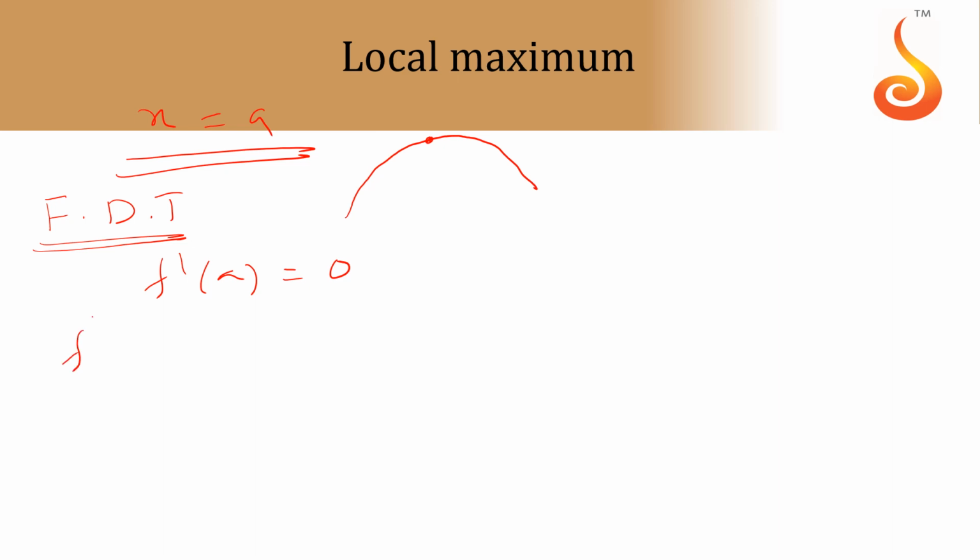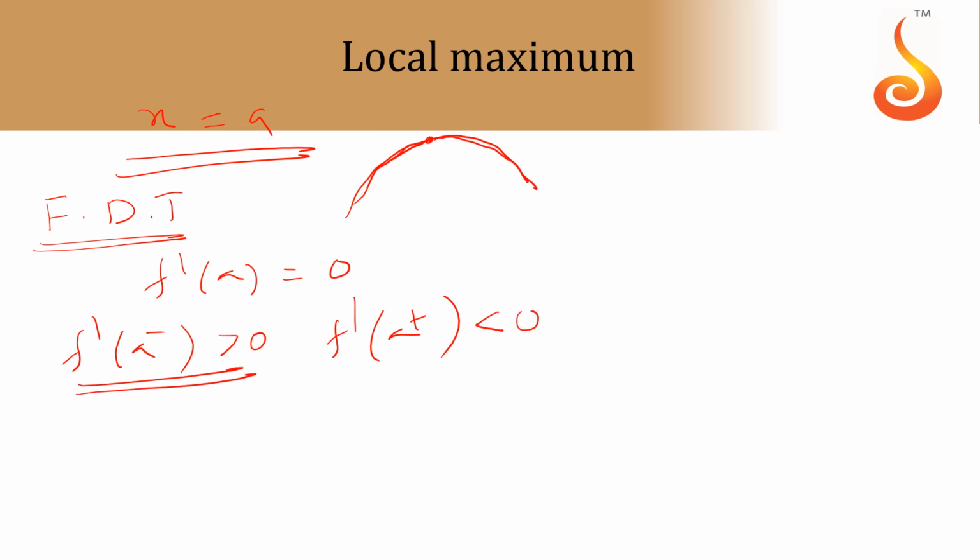Please remember, f dash a will be 0, and we look at f dash a minus and f dash a plus. If you observe carefully, in the left neighborhood the function is increasing, so it will be a positive number. In the right neighborhood the function is decreasing, so it will be a negative number.